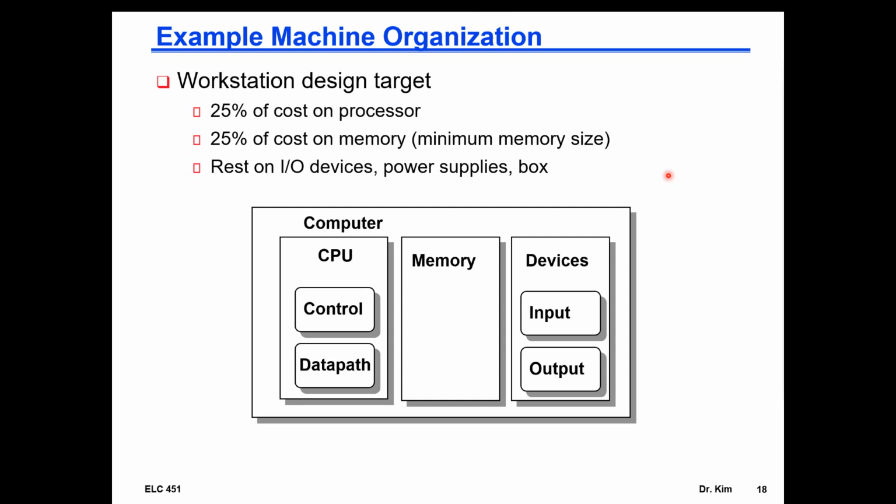It may be a module that has its own cooling subsystem associated with it. So it could be a very sophisticated type of part. And then you have the memory. The memory is another 25%, for minimum memory size. If you want to expand on that, then that costs you more. And then the rest, the 50% of the system, is everything else. That gives you a rough place to start from a budgeting perspective for a computer system.